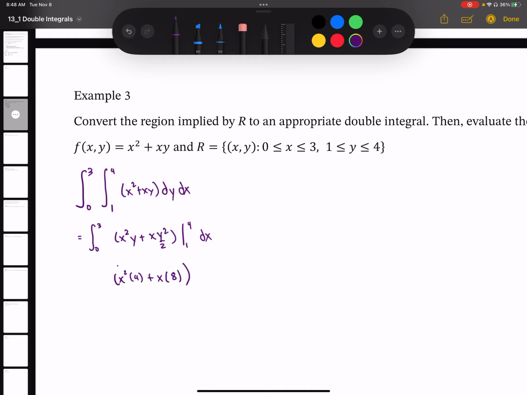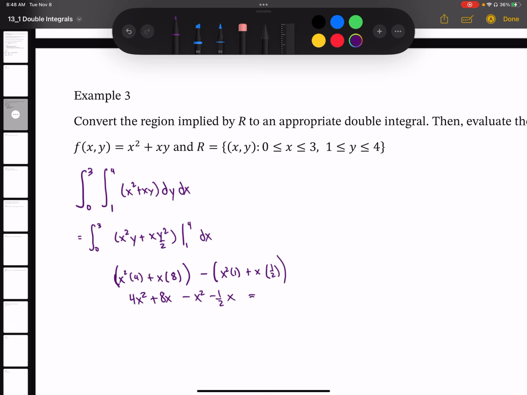And then from that, we're subtracting what we get when we substitute in 1, which is going to be x squared times 1 plus x times 1 squared over 2. So just really 1/2 x. And that's going to be 4x squared plus 8x minus x squared minus 1/2 x.